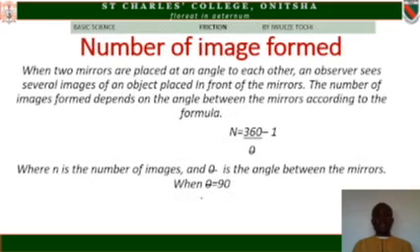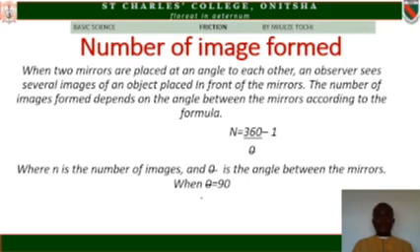Number of images formed by plane mirror. When two mirrors are placed at an angle to each other, an observer sees several images of an object placed in front of the mirrors. The number of images formed depends on the angle between the mirrors according to the formula.